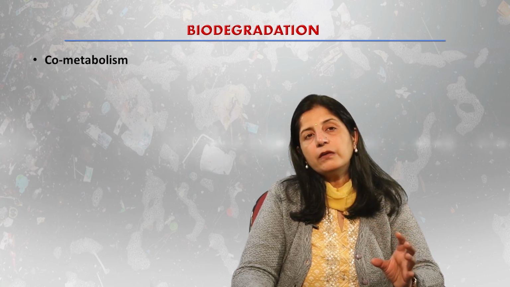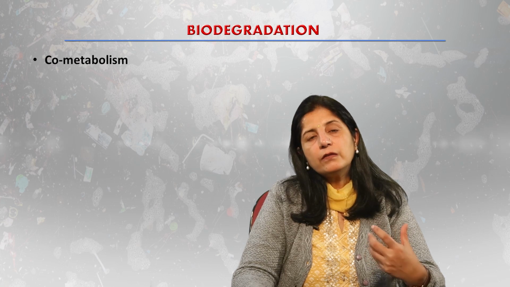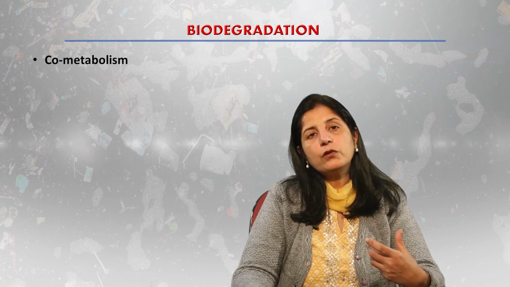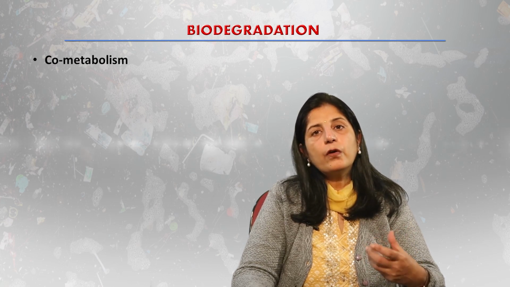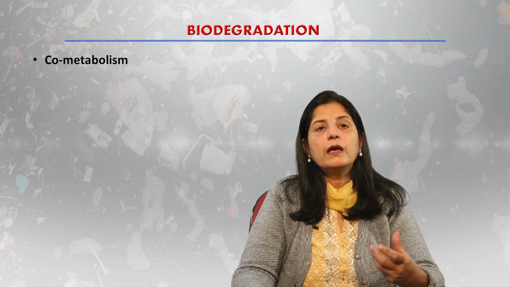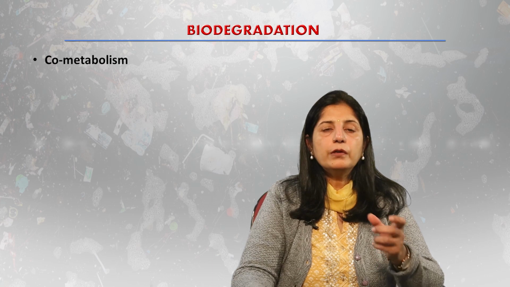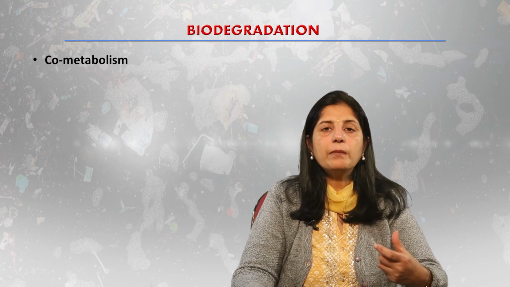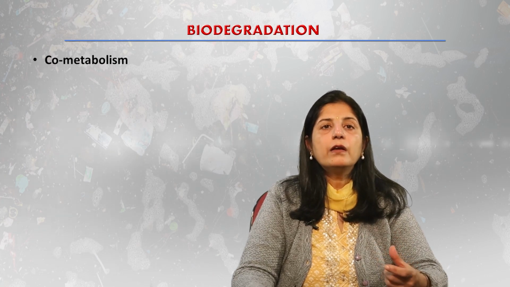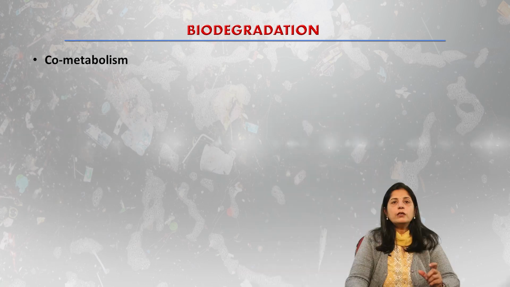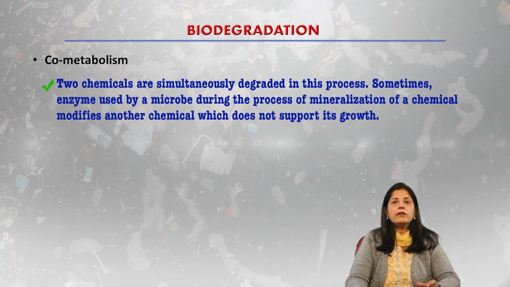Then another aspect is metabolism. These microorganisms use these chemicals for their metabolic processes, and one important aspect is co-metabolism, during which some harmful chemicals are also degraded. So, what is co-metabolism? Two chemicals are simultaneously degraded in this process.